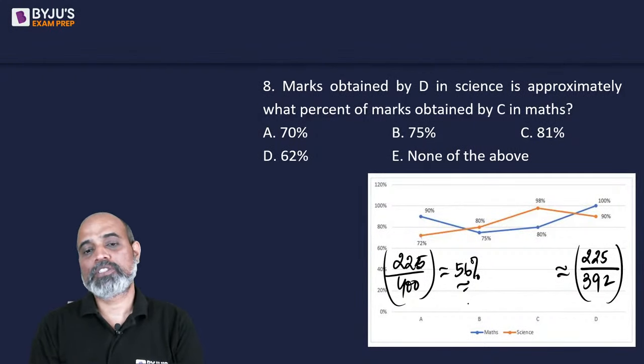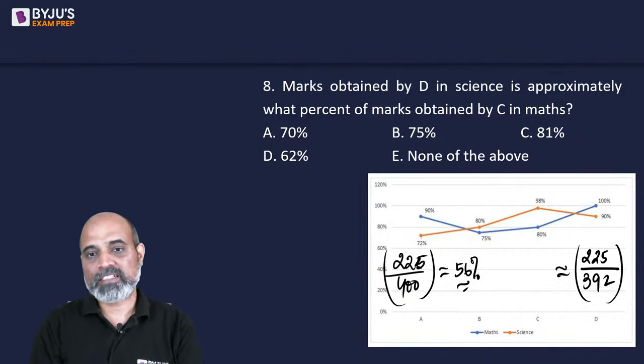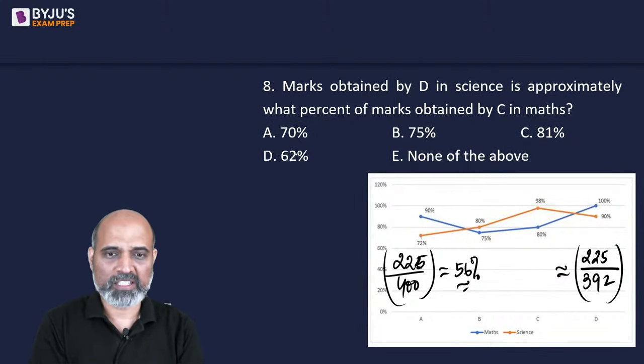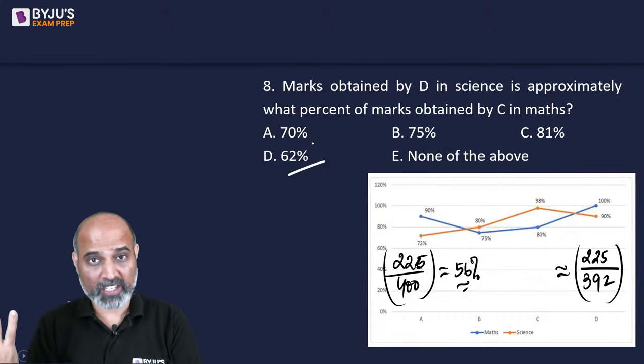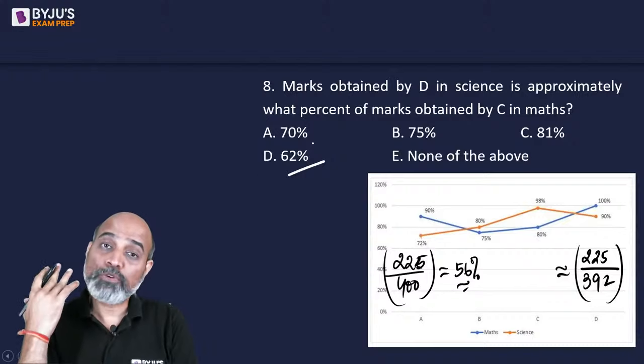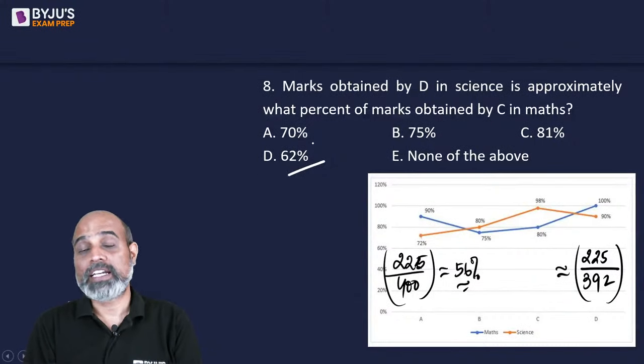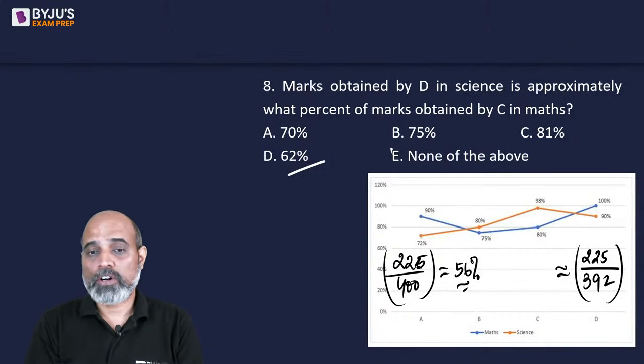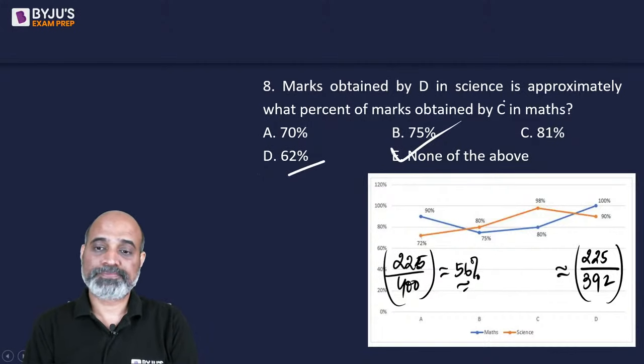So if instead of 400 we have 392, I will get an answer which is more than 56%. But more than 56%, the nearest is 62. Will we reach there? 60% के लिए आपको 392 का 240 जाना पड़ेगा. That is way too far. So of course only E makes sense, right?